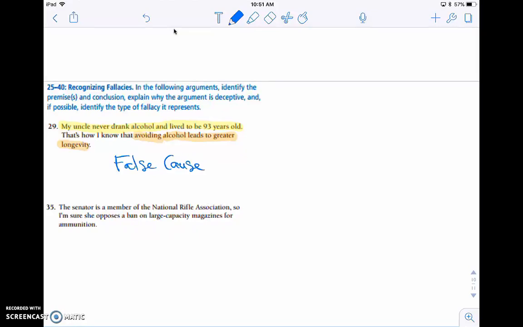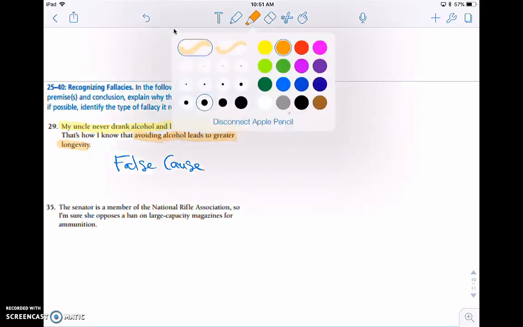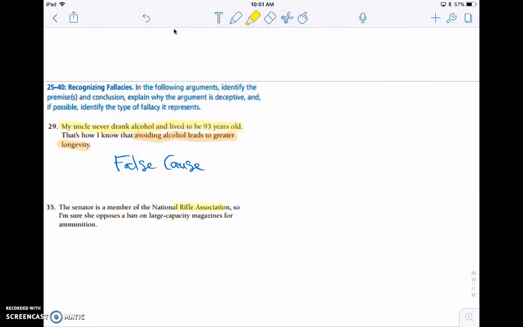Okay, the next one, we have: the senator is a member of the National Rifle Association, so I'm sure she opposes a ban on large capacity magazines for ammunition. So here's our premise: the senator is a member of the National Rifle Association.